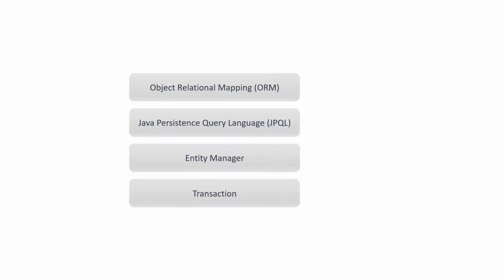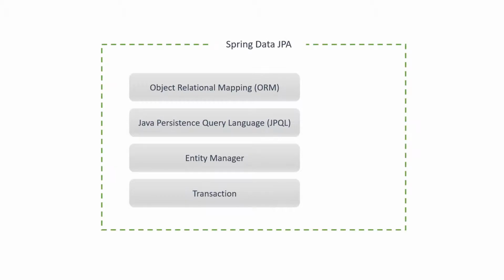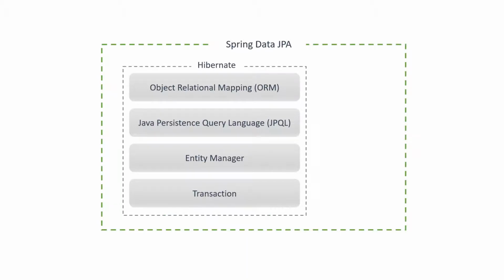Since JPA is just a specification, it must have an implementation to make it available as a Java library. Each such implementation is called a JPA provider, and Spring Data JPA is a JPA provider, which is based on Spring Framework and Hibernate. Hibernate itself is another popular Java framework.